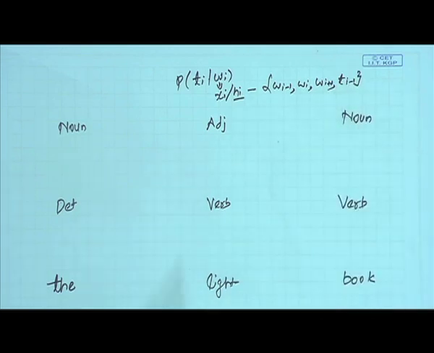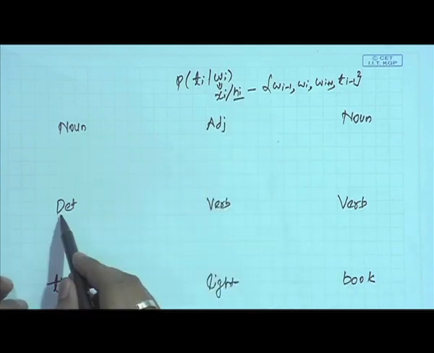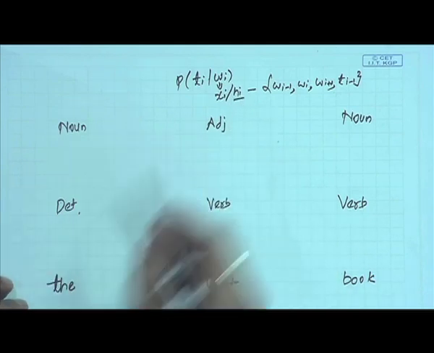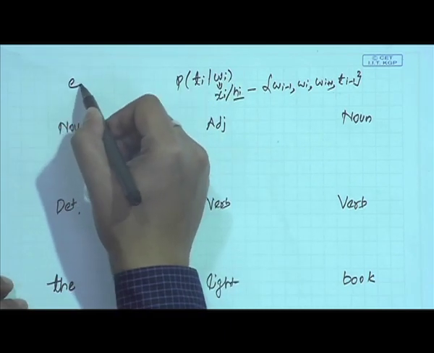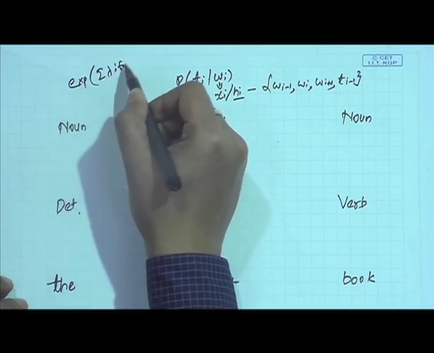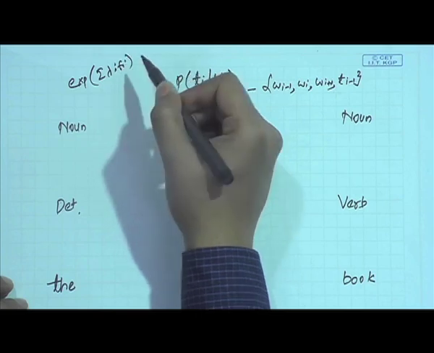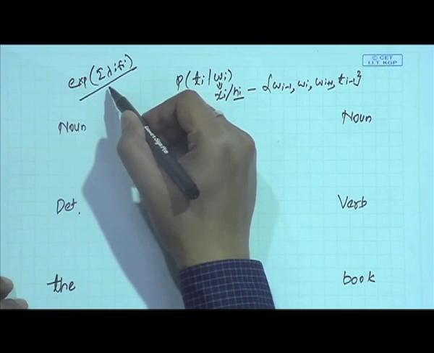Now, what is the formulation of this tag given the current word or current history? It will be the exponent of the summation of lambda i fi, and the feature we know is a function of the input and the tag, divided by Z.